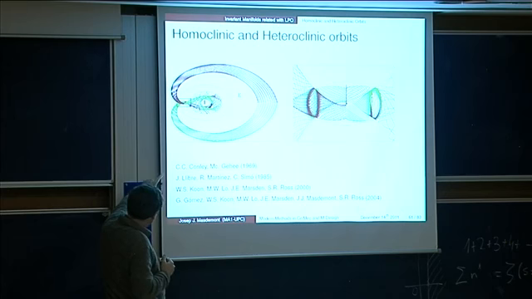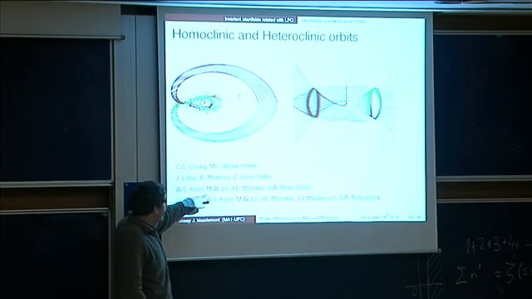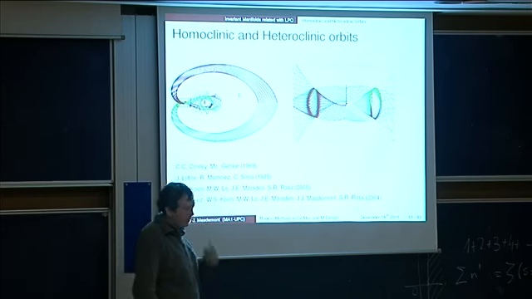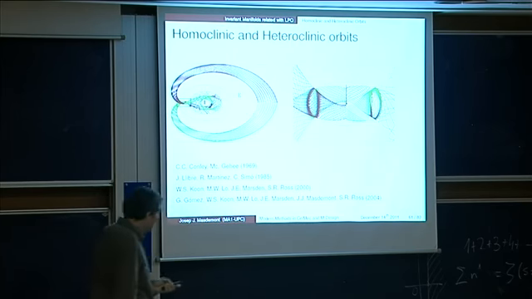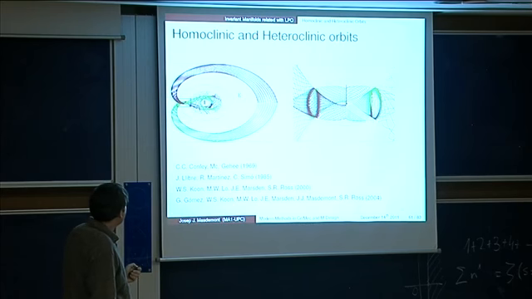This work was popularized by people at Caltech in the design of missions, and then we also contributed to the design in the 3D case, because all these parts were done in the planar problem. Okay.